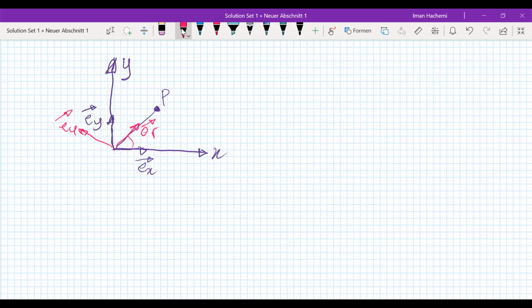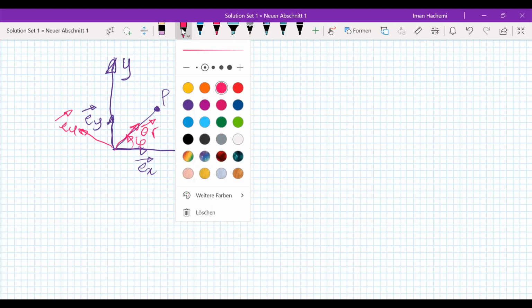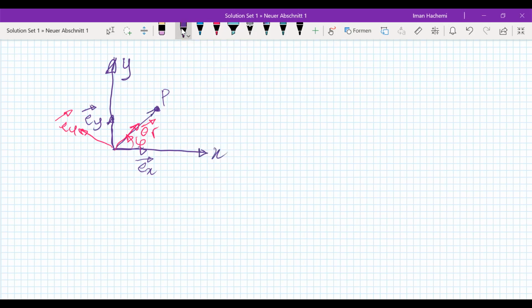That means there is the angle phi here, and there is the vector r. This is r, which is time dependent.